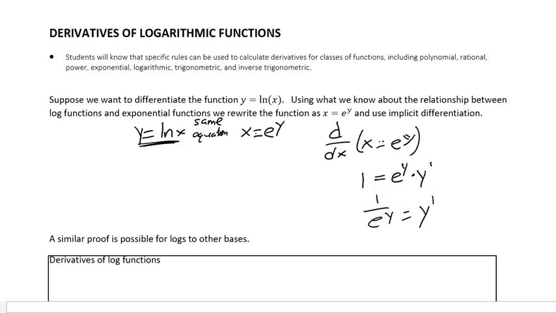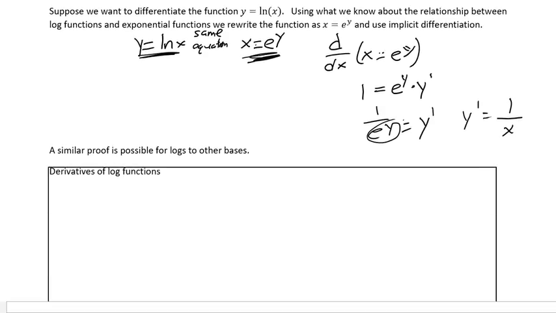But now we don't want to have y in there, but we do know back here that e to the y is x, so y prime equals 1 over e to the y, and we replace that with x. So the derivative of the natural log of x equals 1 over x.